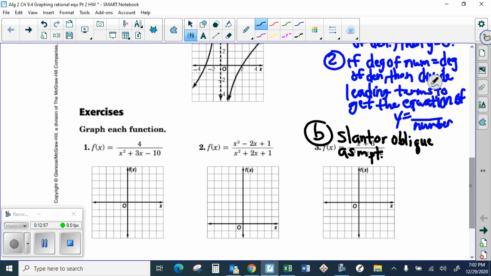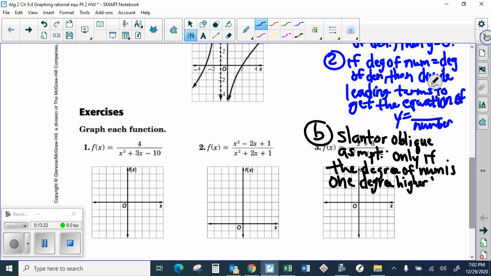Only if the degree of numerator is 1 degree higher than denominator, then use long division to get the equation.